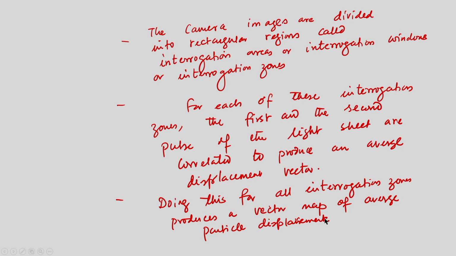Right. So, doing this for all interrogation zones produces a vector map of average particle displacement. Now, if we divide this average particle displacement by the time between two consecutive light pulses, we will get the speed of the particle.